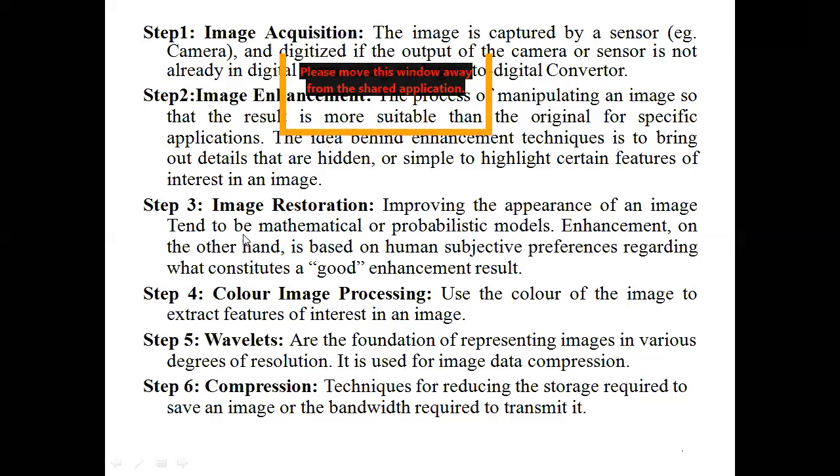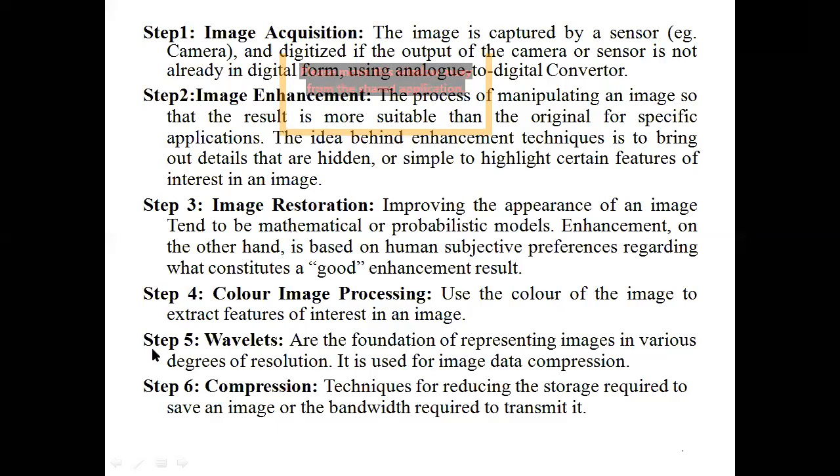Enhancement, on the other hand, is based on human subjective preferences regarding what constitutes a good enhancement result. So enhancement is in a subjective manner, and image restoration is in an objective manner. If we increase the appearance of the image using mathematical or probabilistic models, that is image restoration.